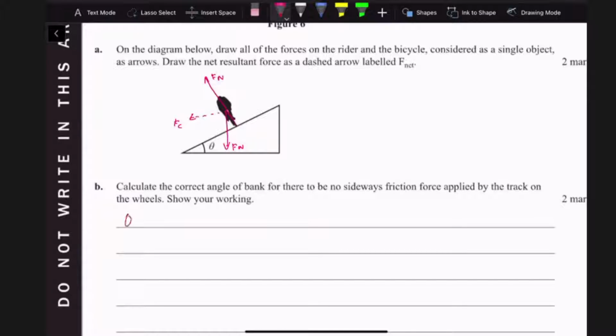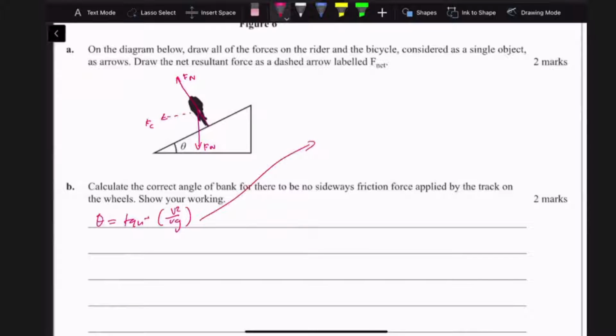So we know the equation is theta equals tan inverse v squared on rg. And if you ever forget where that comes from, you can just draw a little triangle of forces. So this is Fn going up, and then this is Fw, and this is Fc, and this would be your same theta as this one.